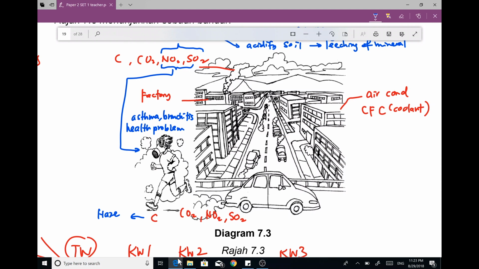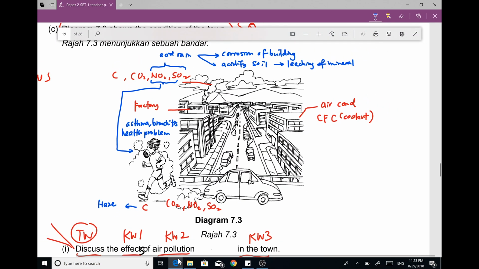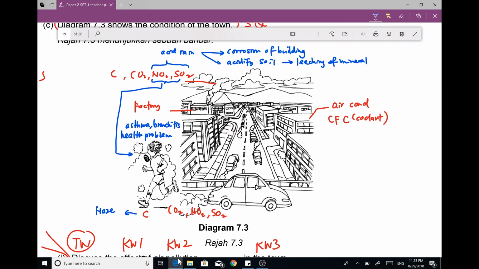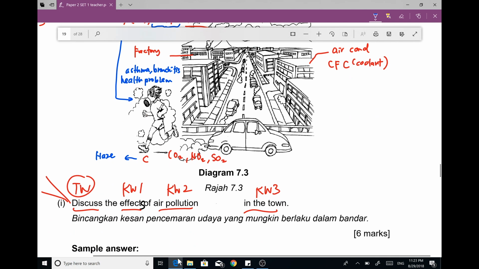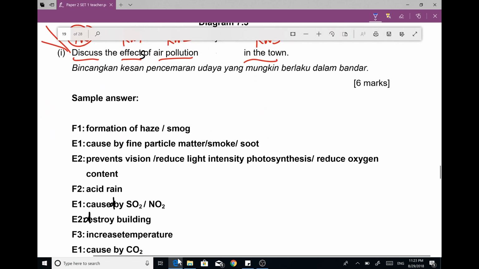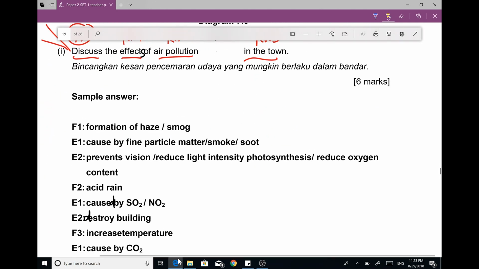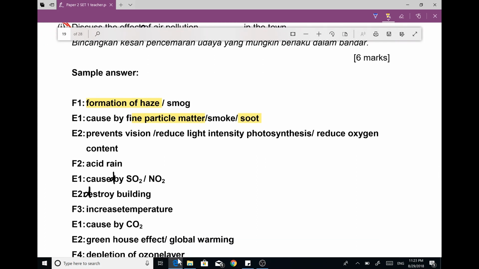Okay, so after constructing the ideas, let's look at the suggested answer. Now, we have mentioned the formation of haze just now. It is caused by the fine particles or the soot in the air. And what is the direct effect of this haze?